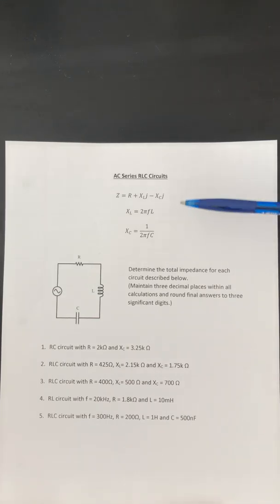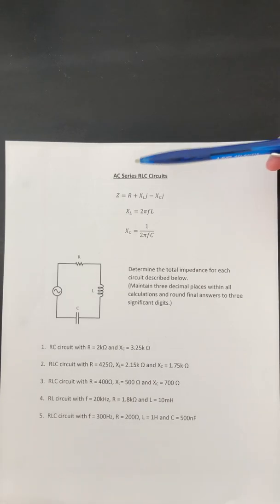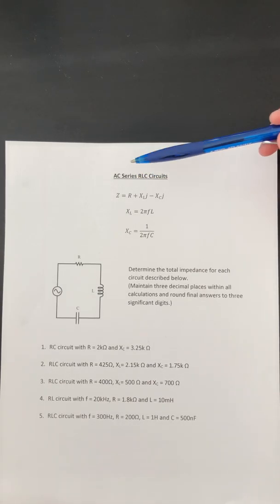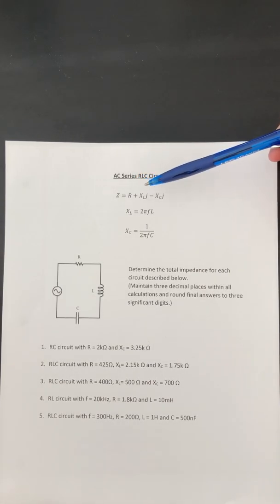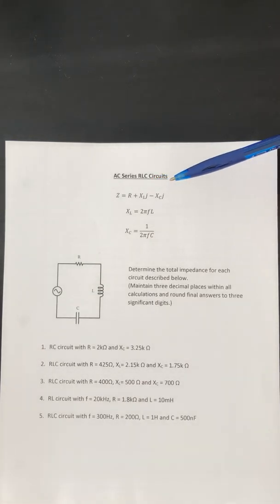What I want to do is first review with you three really important formulas that we're going to need. So here we have a formula for total impedance in such a circuit. And it is equal to the vector sum of the resistance, the inductive reactance, and the capacitive reactance.